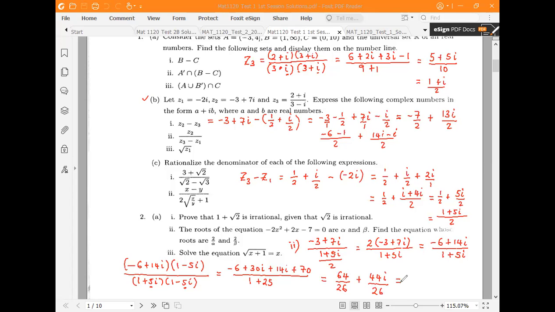We can divide things. I think 2 can go in 64, 32 times, and 2 into 26, 13 times. Plus 22 over 13. That is the answer to the question.